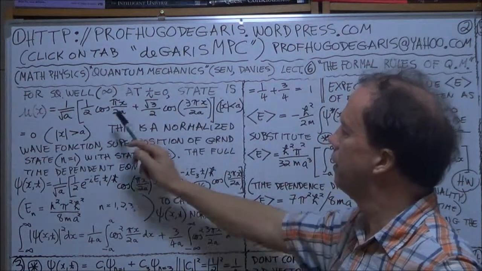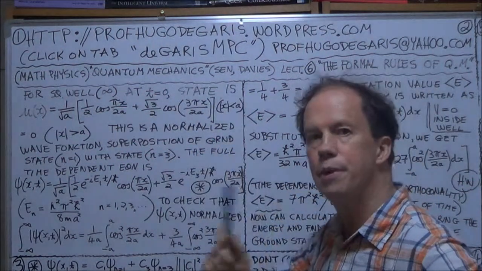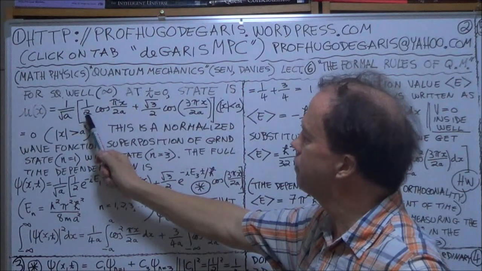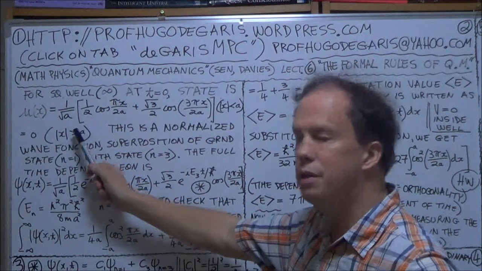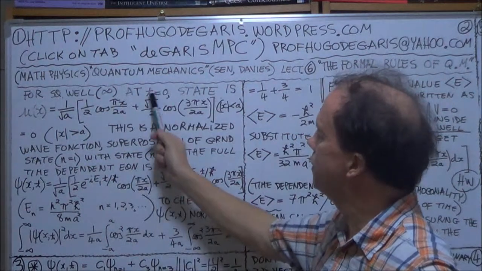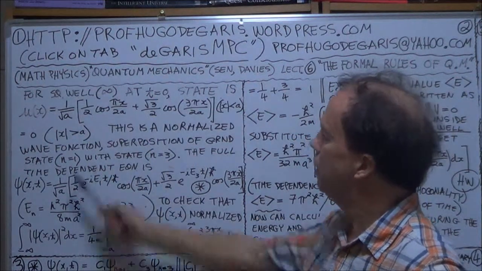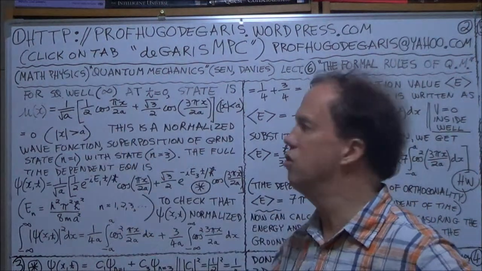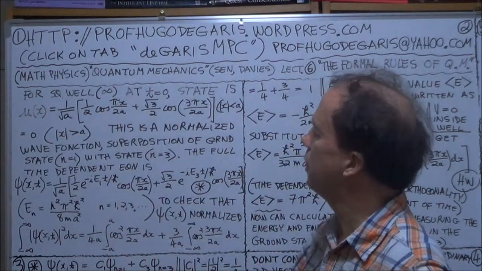We're superposing the two, and here's your coefficient C1 in this case, and this is C2, and this constant here is just to normalize, so the whole thing is normalized, right?